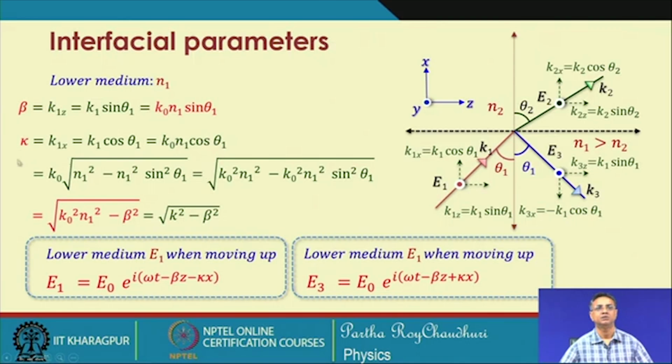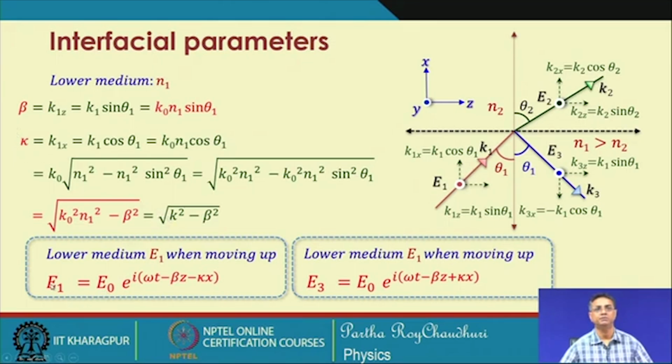Put together, multiplying both sides and taking the k 0 square inside, you can write k 0 square n 1 square minus beta square, which will be the x component of the propagation constant squared.